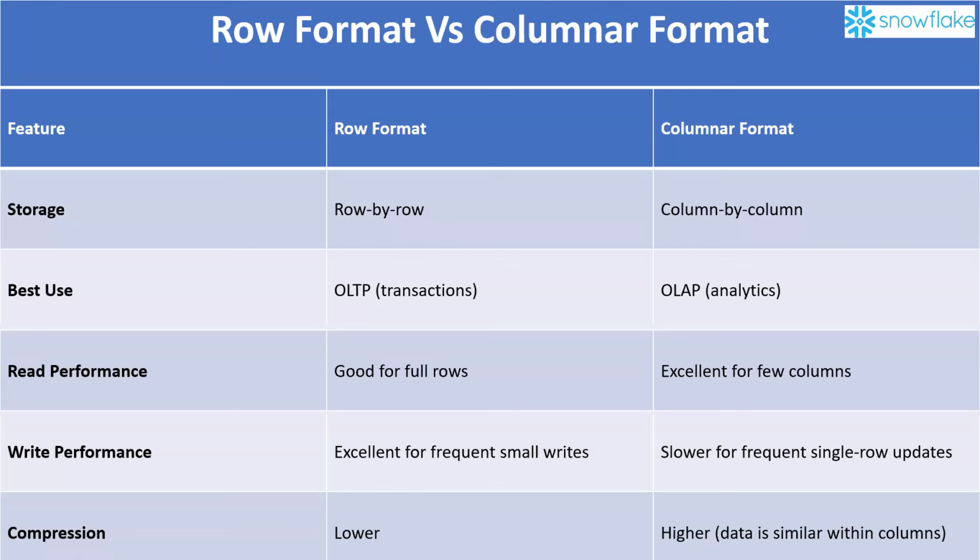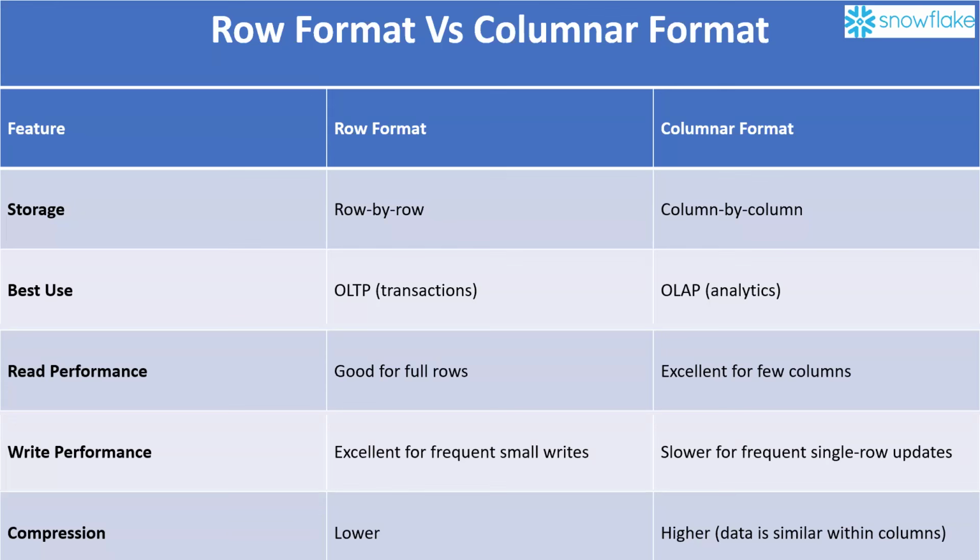But in an OLAP system, historical data is stored, years and years of data. So if they keep the data in row format, it's very difficult to fetch it. That's why in an OLAP system, where they would like to get the data for analysis, they store it in columnar format.